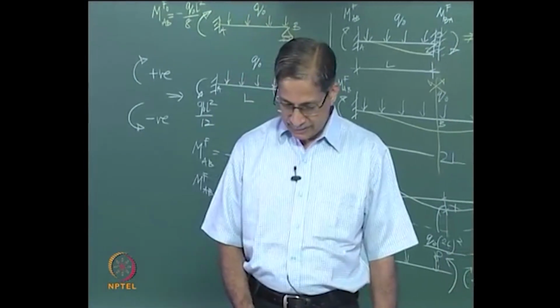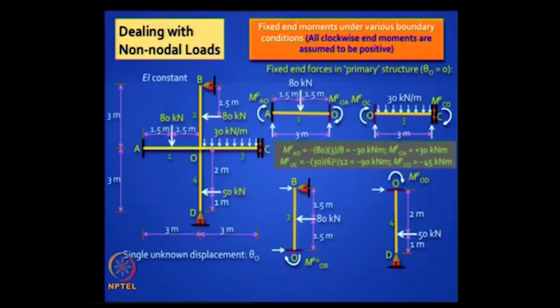You take these two remaining cases, take this case. This is a beam where you have a roller support on top. So this is easy to calculate. What's the answer? MF naught OB will be 1.5 times what? WL by 8.